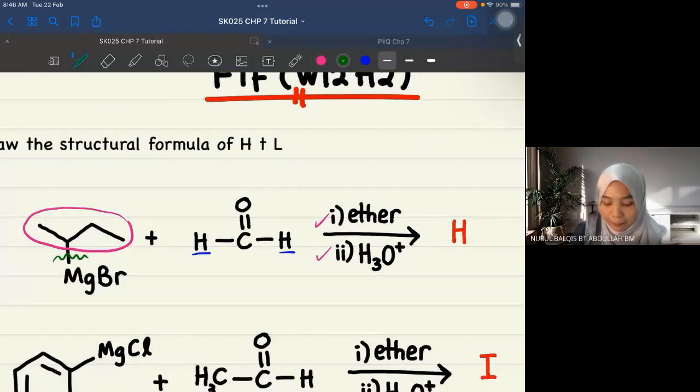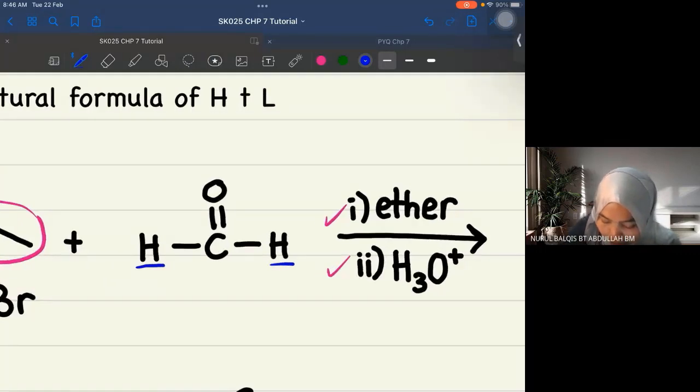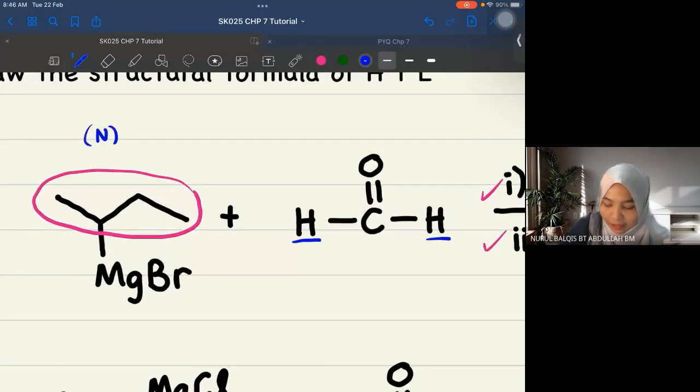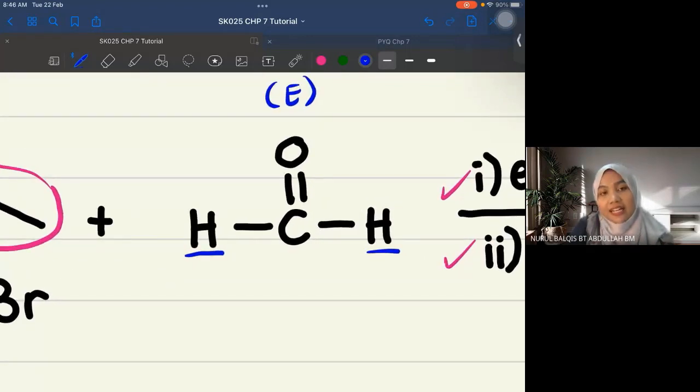Primary. Okay, jadi apa yang dia akan buat dekat sini? This bond, okay, kita nampak dekat this carbonyl group, bila dia buat nucleophilic addition, dia akan jadi electrophile. Grignard adalah nucleophile, ini adalah your electrophile. So bila electrophile dia akan kena attack, maksudnya kena ada that electrophilic site.